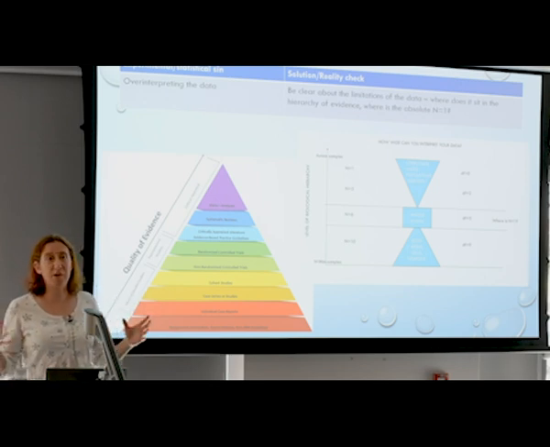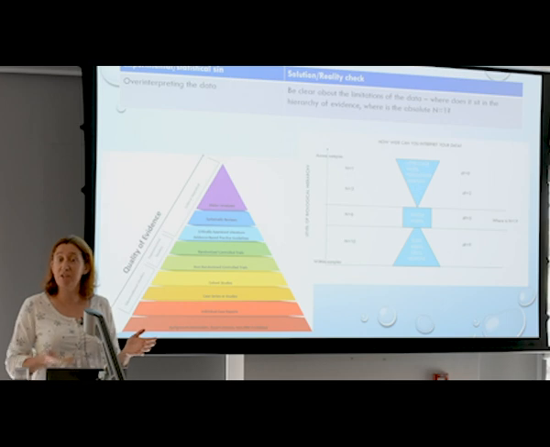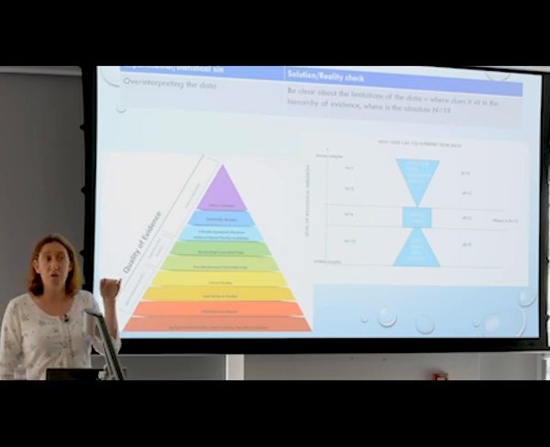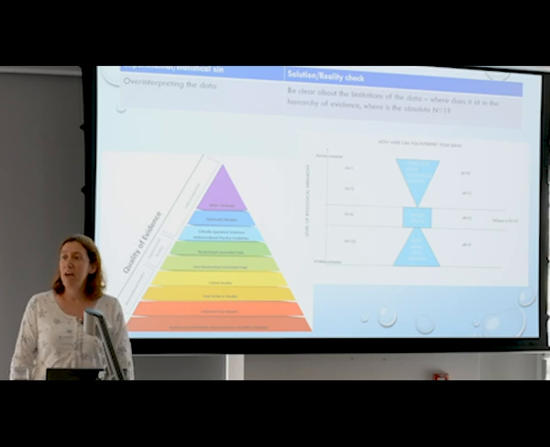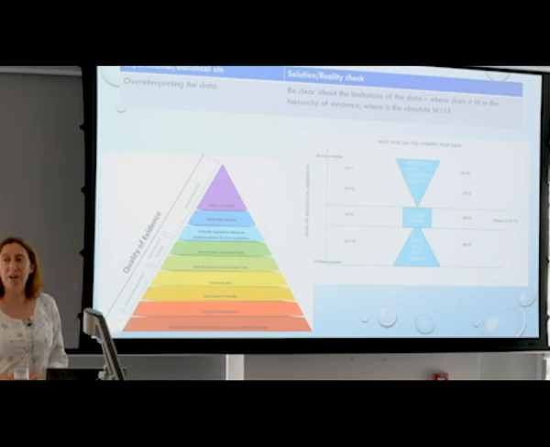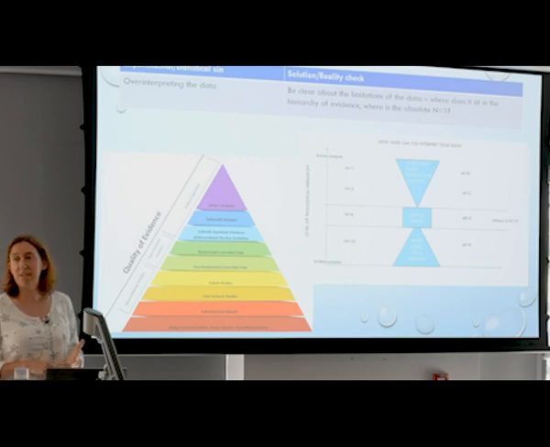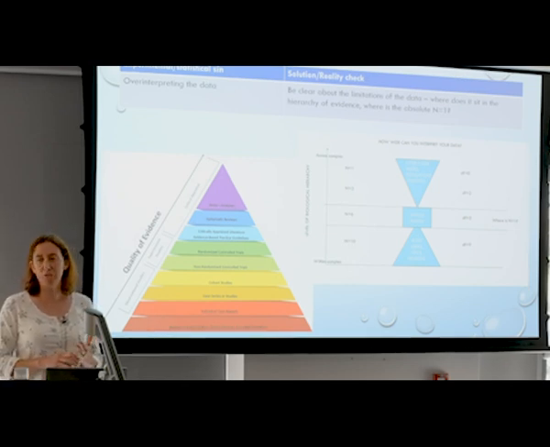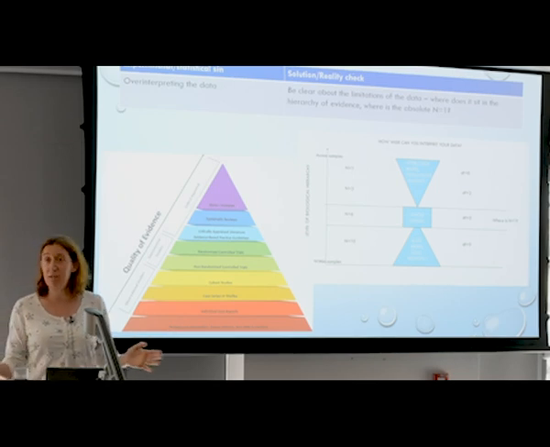And what happens then is we can't reproduce results because the foundations of the original methods and analysis did not support that level of confidence in the results. One of the solutions is to be clear about where the limitations of your data are. Where do you sit in the hierarchy? What real biases and confounders actually occurred during the course of the experiment? Because we all know things don't go to plan.